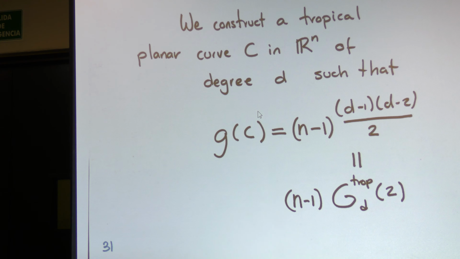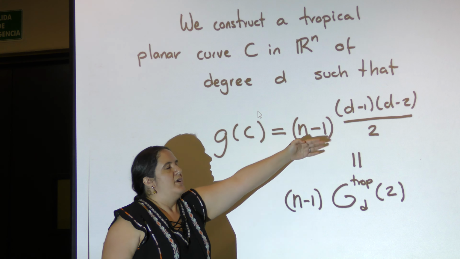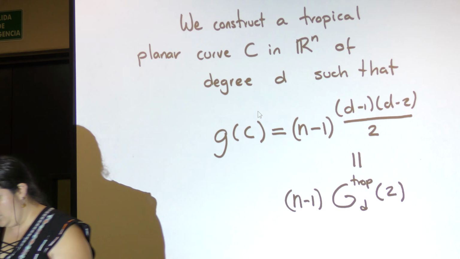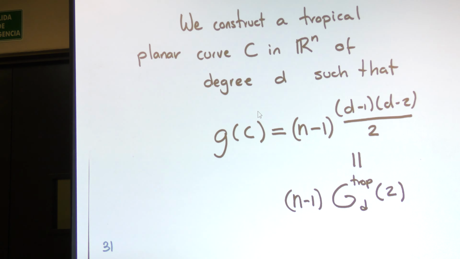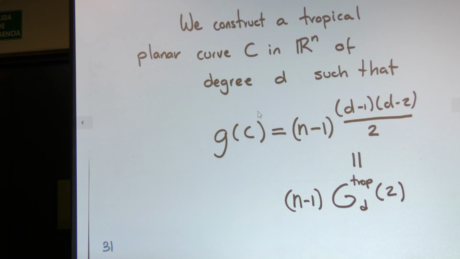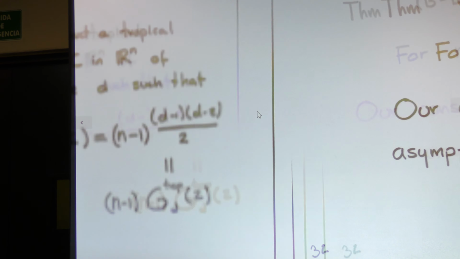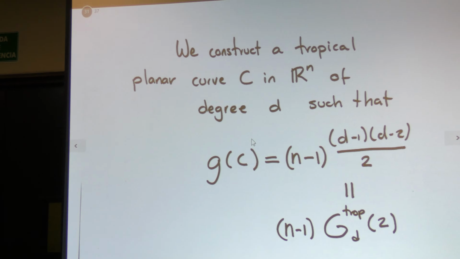For example, if n is equal to 2, we recover our construction. We prove also that our construction, and then as I told you before, we have this bound given by Tony Yu. We have our construction.